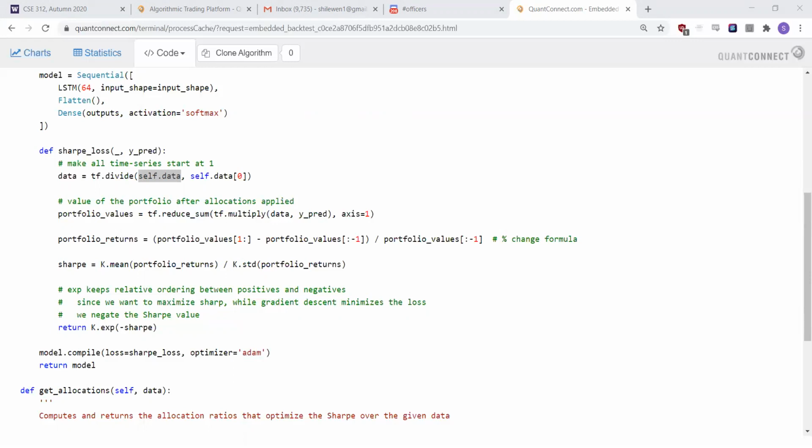And so I put that in a matrix. And so if you think about it here, I divide everything by the first element. So if you divide everything in the matrix by this, then you basically invest $1 in each. $1, $1, $1, right?